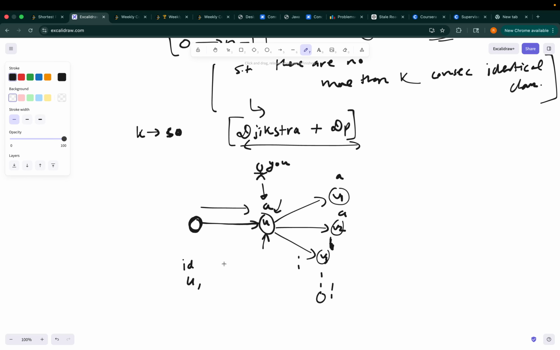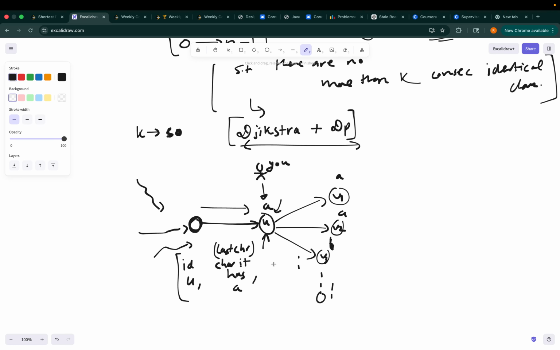Second is what character it has, which is A, or this can also be called the last character. Because you are standing here, you have traveled the graph, and at the end you are standing at U. So that's the last character that you're seeing as of now.